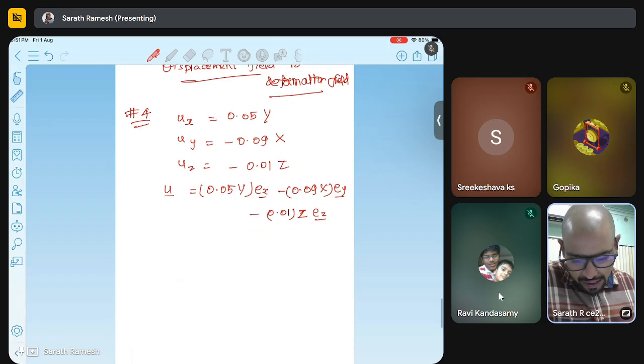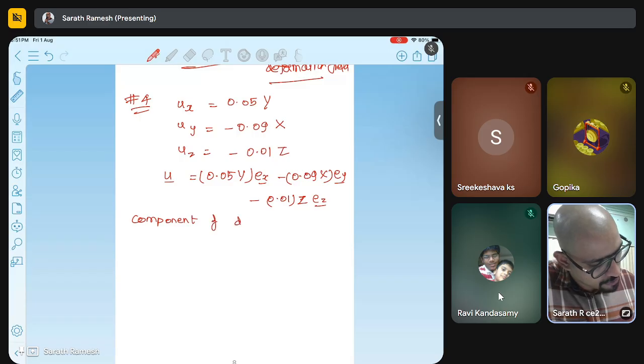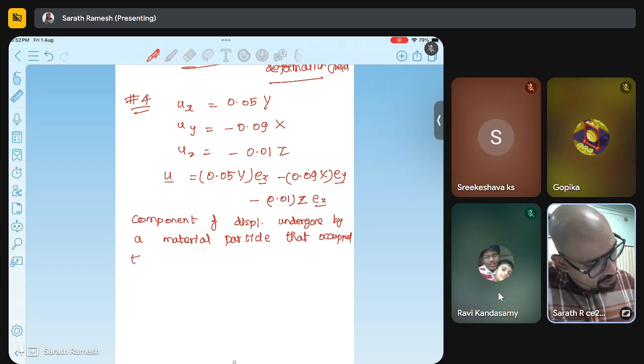Now they are asking for the components of displacement undergone by a material particle that occupied the point 1, 1, 1 in the reference configuration. So this is the question.